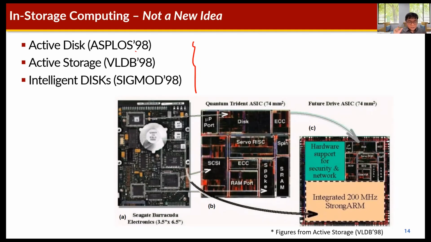It's not exactly constant, but nearly constant. So now with SSDs, we can apply in-storage computation more effectively. That's why in-storage computation is somewhat popular in our research community.